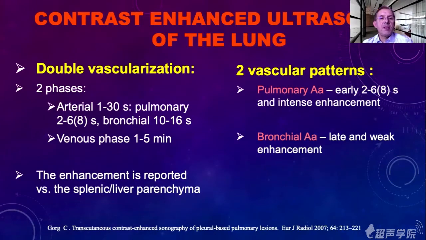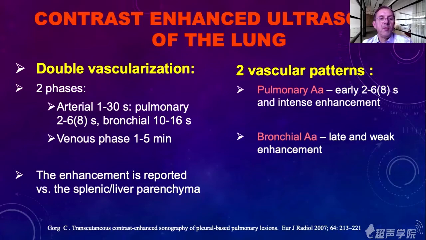When using contrast enhanced ultrasound, we have double vascularization. We have two phases: the arterial phase and the venous phase. But the arterial phase has two parts. The first part is the pulmonary arterial phase, which lasts from 2 to 8 or 9 seconds.